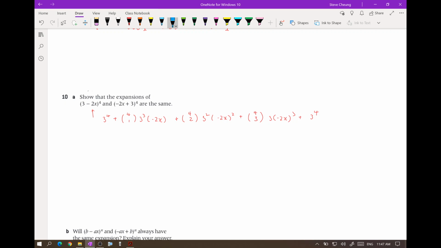In a different color, I'm going to do the other expansion. Oh, I did something wrong here.